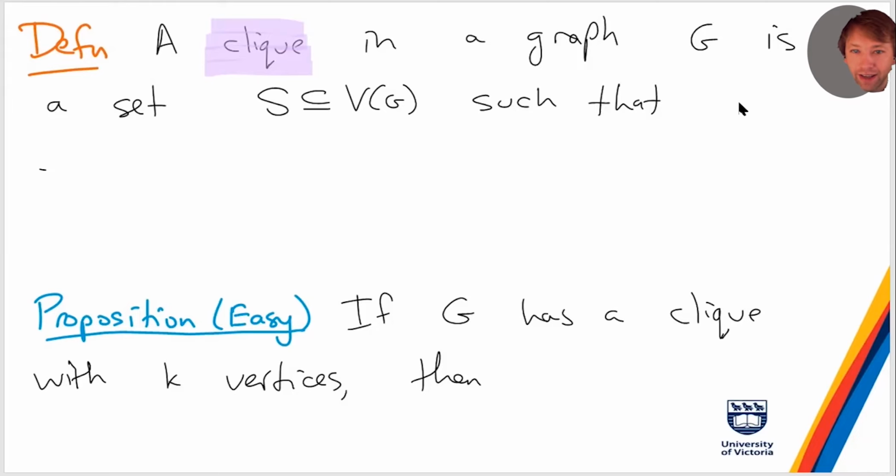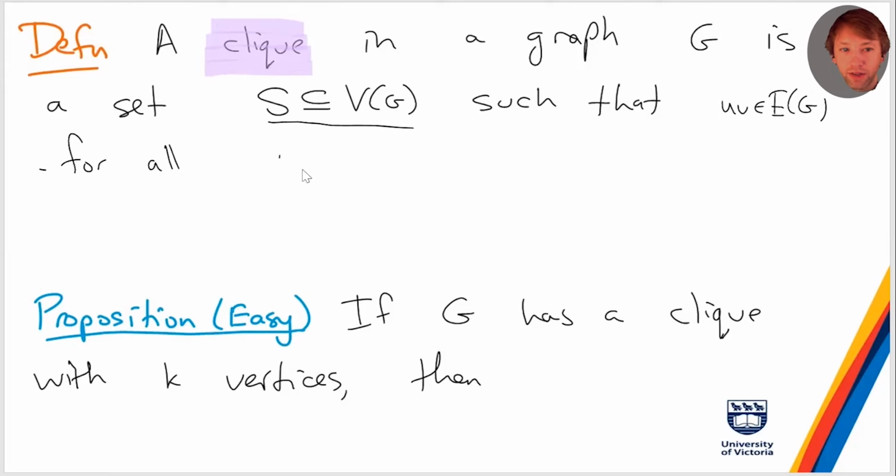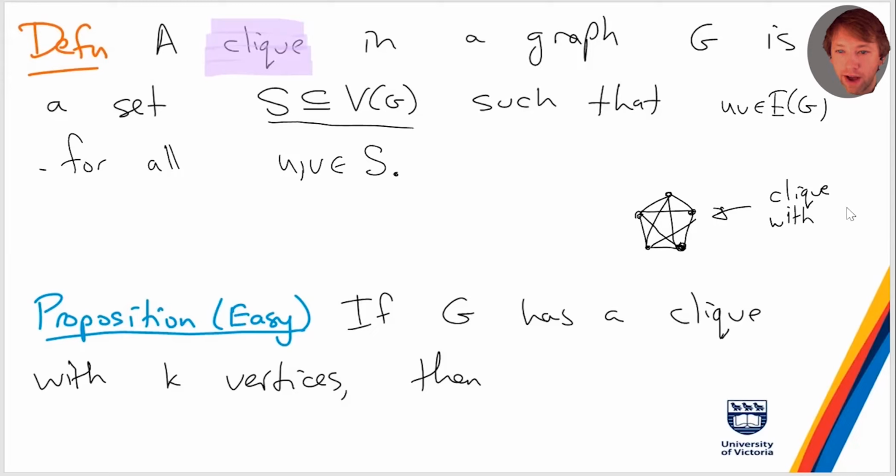So a clique in a graph G, or some people pronounce this "click", but I prefer "clique", is a set of vertices S such that uv is an edge for all u and v in S. So it's a set of vertices, let's say 5 vertices, such that every pair is adjacent. I missed one. There it is. So this is a clique with 5 vertices.